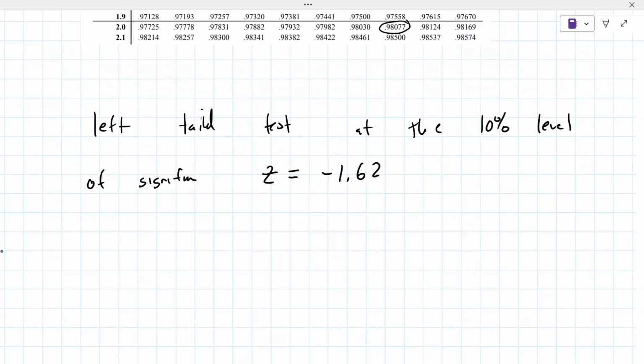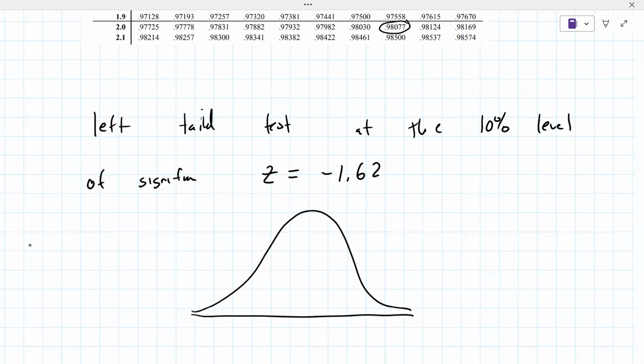Negative 1.62. Okay. So I always think it's important to draw the normal distribution. That's 0. That's minus 1.62. We want the area to the left of it. So you've got to look that up in your Z table.